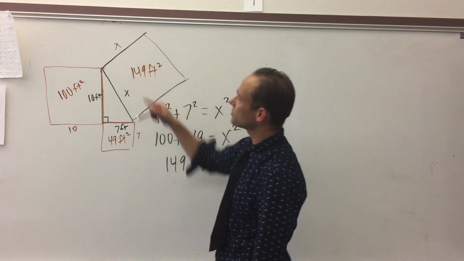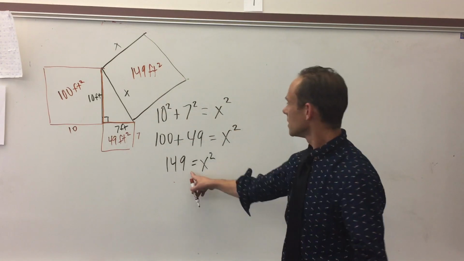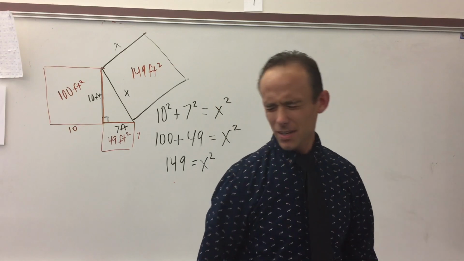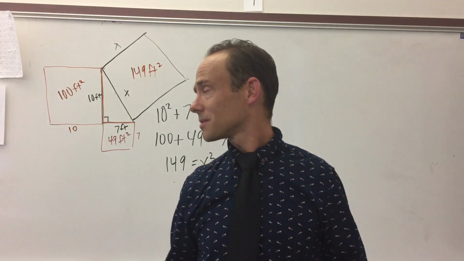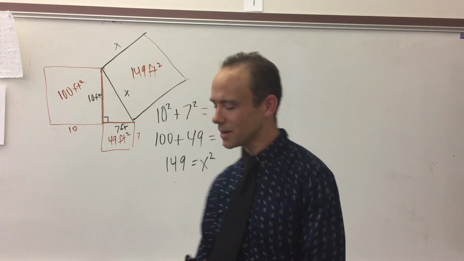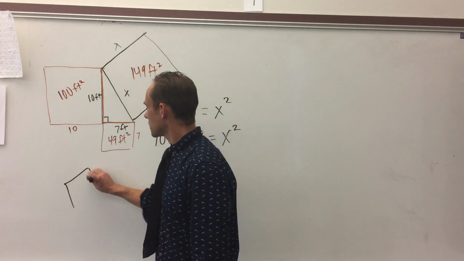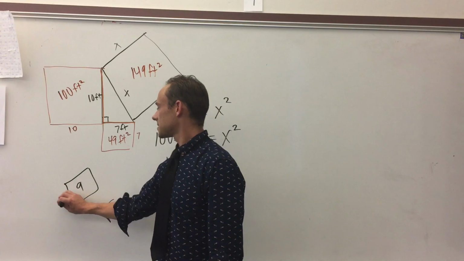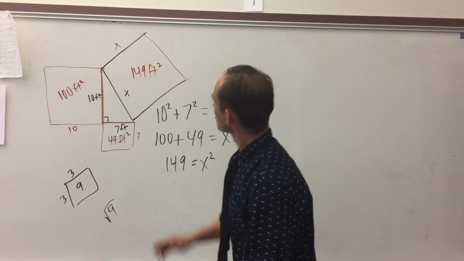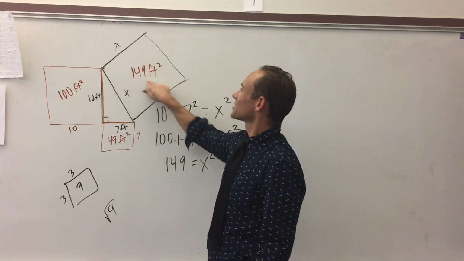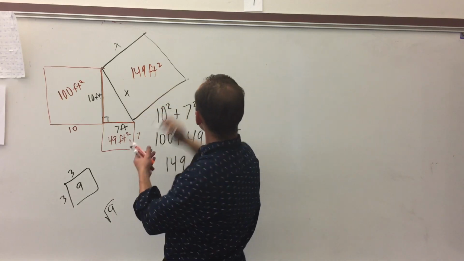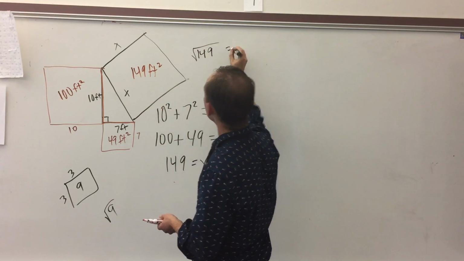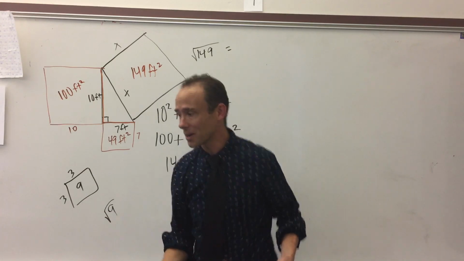So that's 149. I think, and I said this before, back in the day, the root of the square is what they called the side length of the square. So like if you got a square whose area is 9, if you square root 9, it tells you the dimensions of the square. So I have a square whose size is 149. So if I square root 149, I'll get the dimensions of the square.